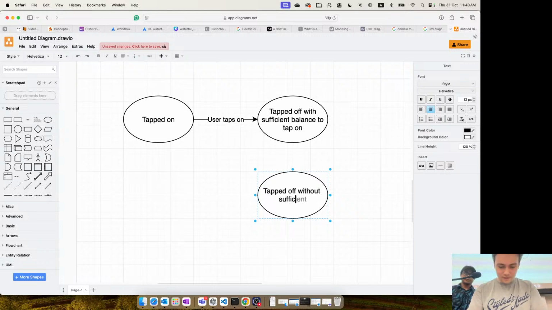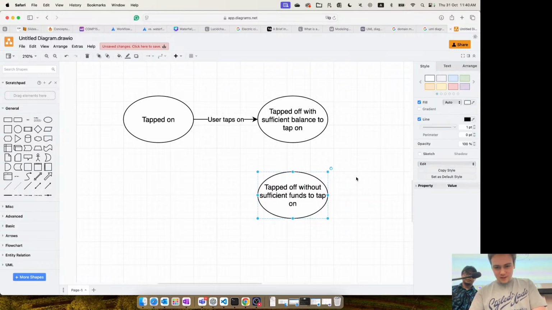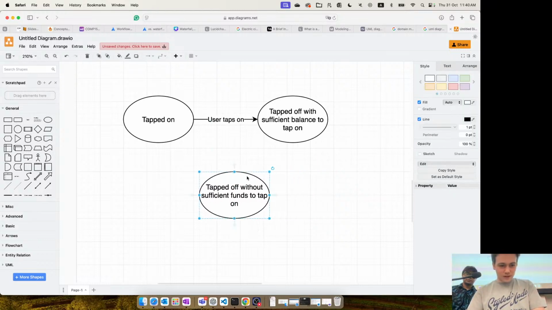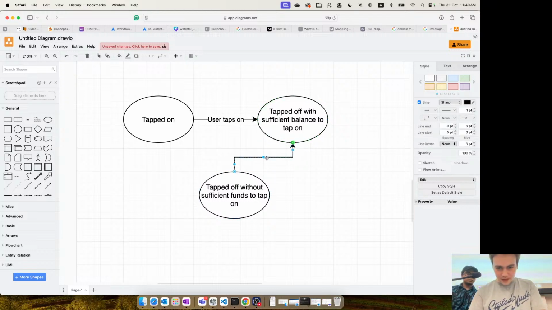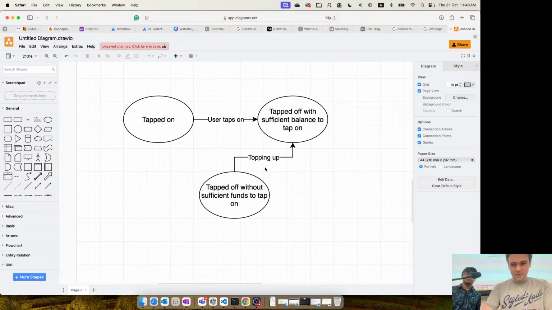Without sufficient funds to tap on, right? Okay. You can transition from this state to this state by topping up the card.